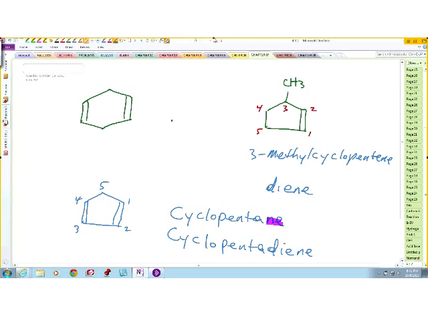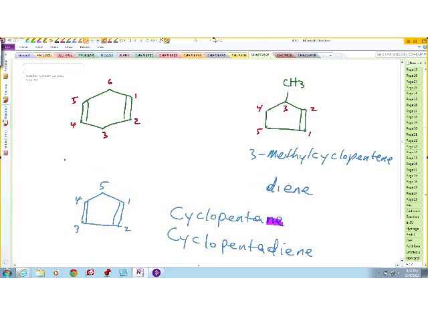Supposing you have this. What would be the name of this? At this point, you have to indicate the position of the double bond, because you cannot just say cyclohexadiene. Okay? So you number the double bonds. 1, 2, 3, 4, 5, 6.